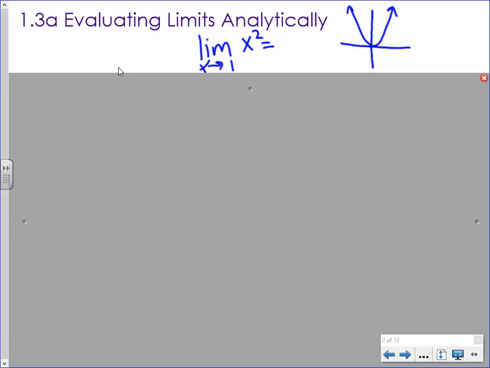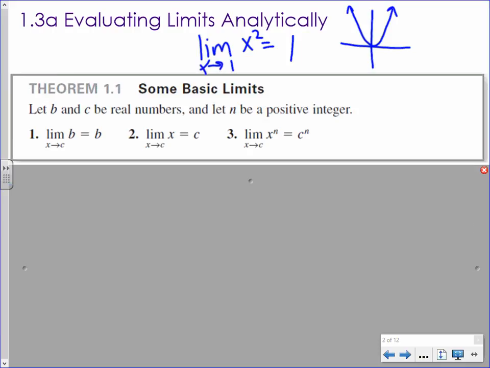We're approaching 1. Now, we are thinking about the graph, but we also know what's happening. We know that at x equals 1, the y coordinate is 1, because 1 squared is 1. So that's what we get to do today. We get to evaluate these limits without having to graph them by thinking about what their coordinates are.